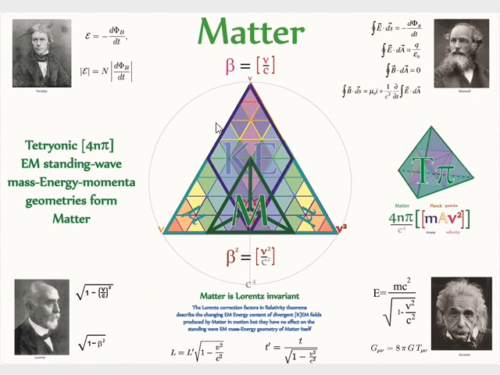The chem fields created through the motion of matter or black body radiation due to raised energy levels are all equilateral energy geometries.